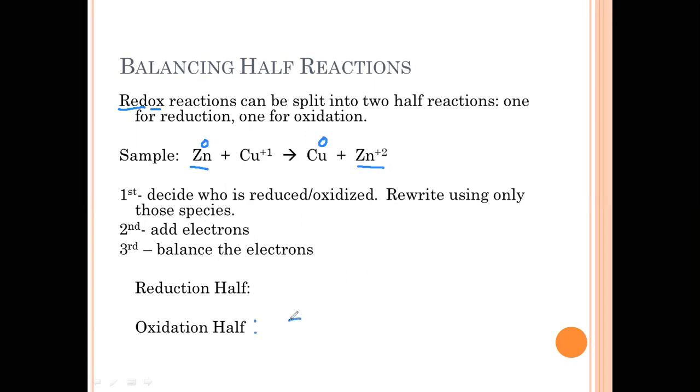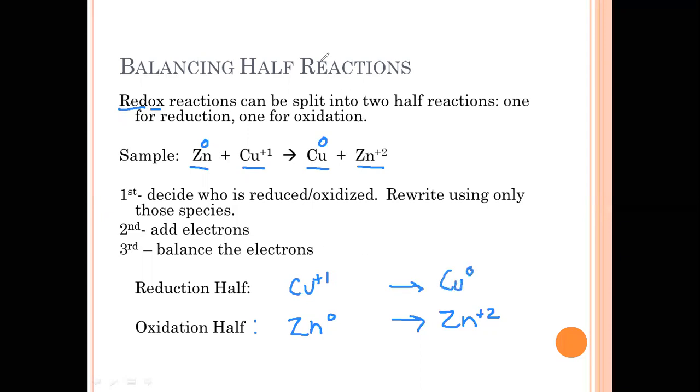So for the oxidation half, I'm going to write Zn0 to Zn+2. And then for the reduction half, Cu+1 goes to Cu0. I'm leaving space on purpose, so you should also.